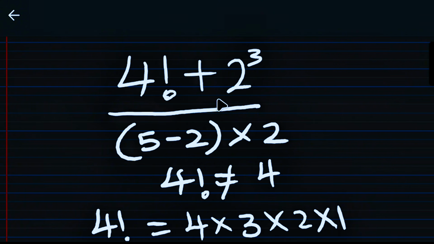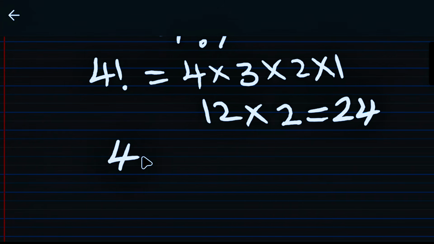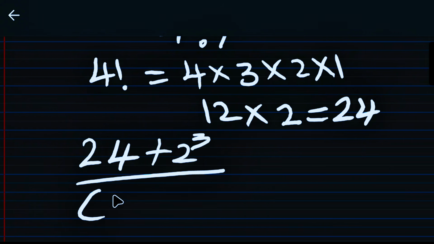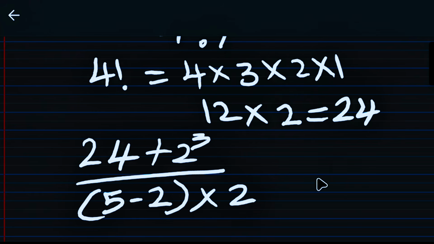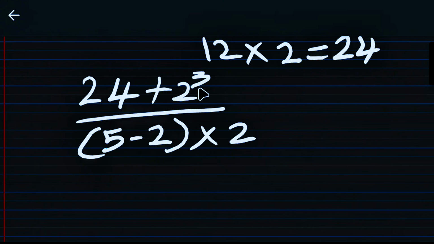So we are going to rewrite our expression before we continue solving. From here, we'll now have 24 plus 2 cubed, then divide by, in parentheses, 5 minus 2, then multiply by 2. This is what we have now. Then I want us to get the value of 2 cubed too.